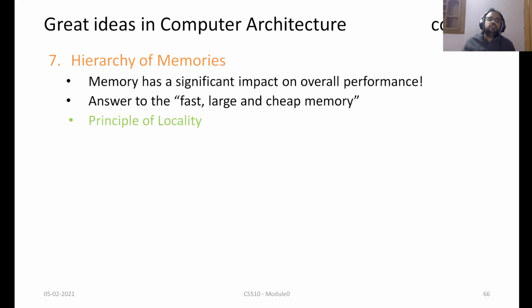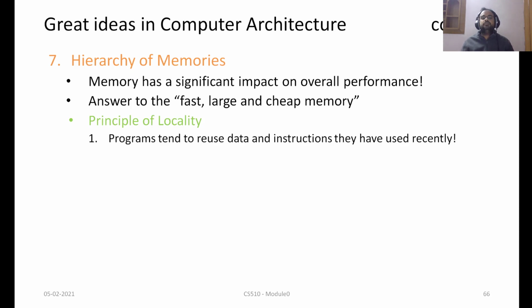It is primarily based on a very intuitive principle called the principle of locality. What the principle says is that programs or applications that we write will reuse the data and instructions very often. What it means is that if we are able to keep the data and instructions that are being reused closer to the processor, then the overall performance would increase.